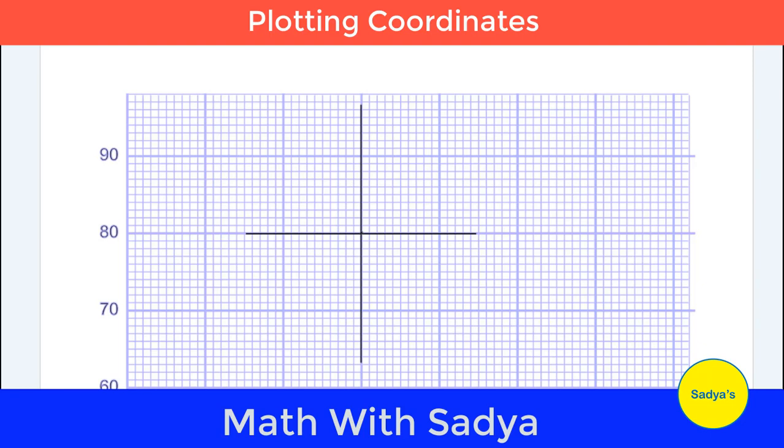So we are going to mark every fourth line starting from the origin: 1, 2, 3, 4. This is the fourth line. We are going to mark it. Then 1, 2, 3, 4, mark it, and so on. And this is the x-axis.